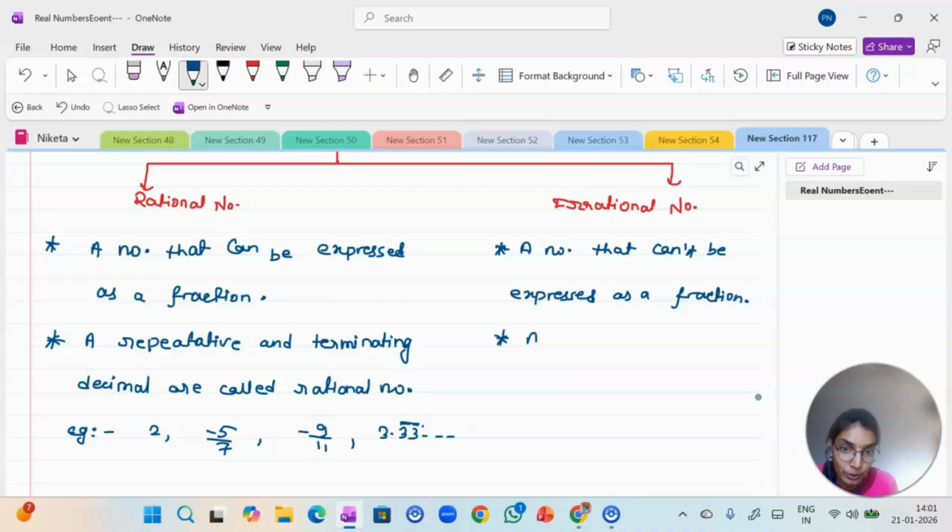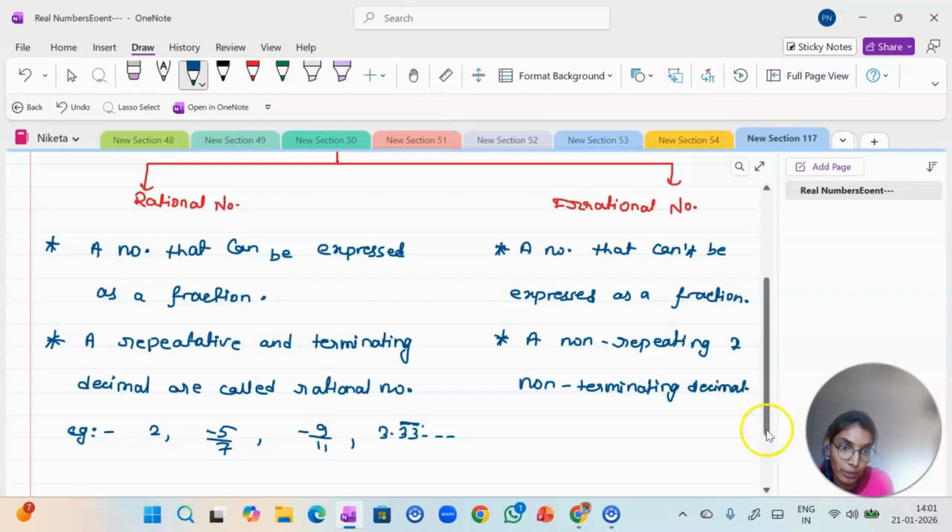So non-repetitive and non-terminating decimals are also called irrational numbers.